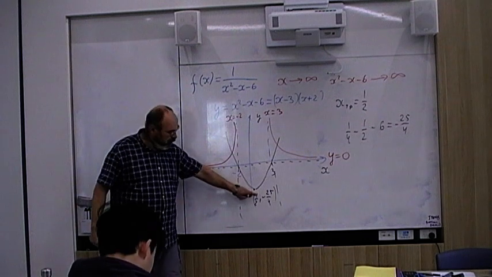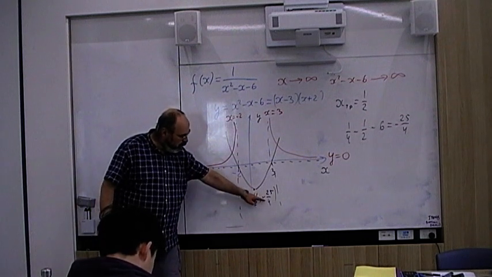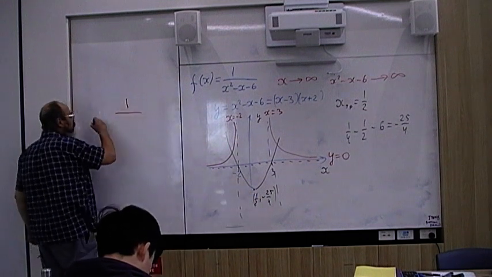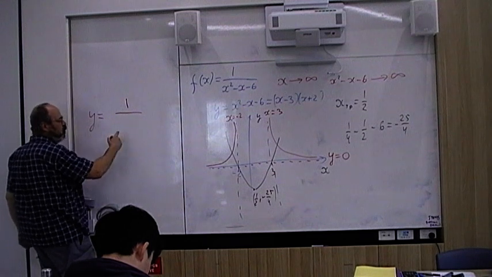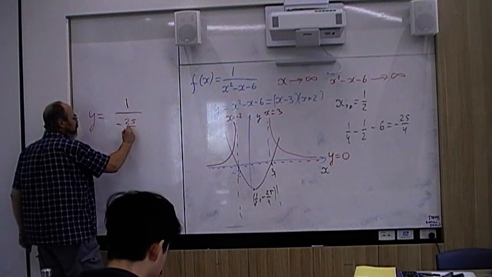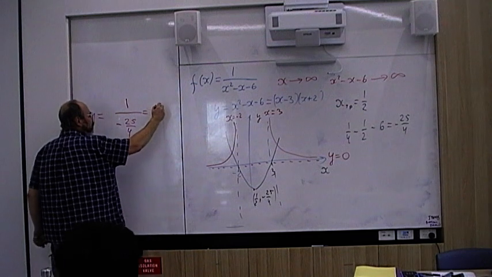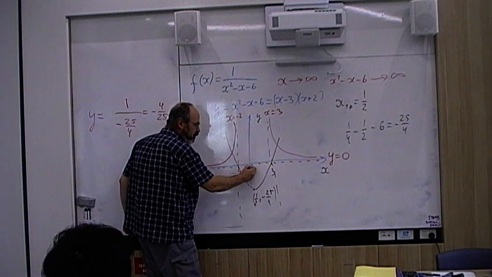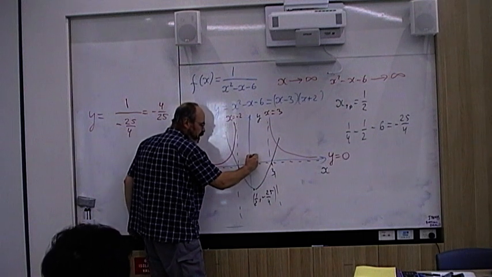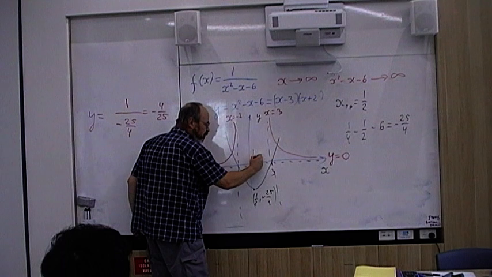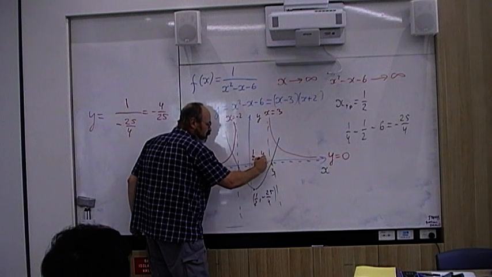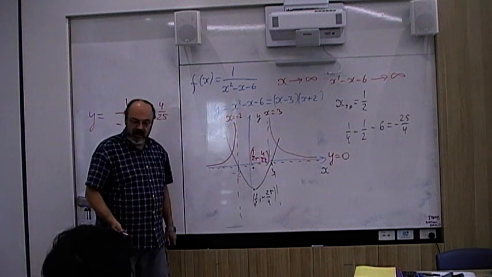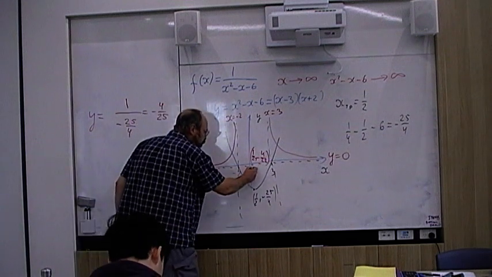We have the value minus 25 on 4, so the value of y will be 1 divided by negative 25 on 4, which equals negative 4 on 25, for the same value of x. So here we have a maximum with coordinates 1/2, negative 4 on 25. That will be the maximum, and then it is always negative.